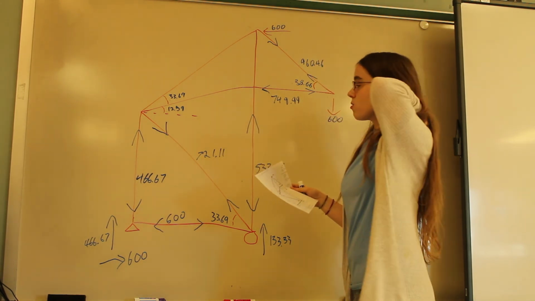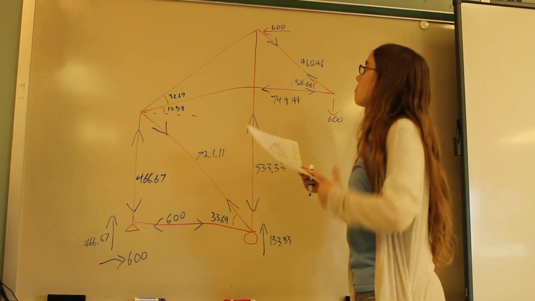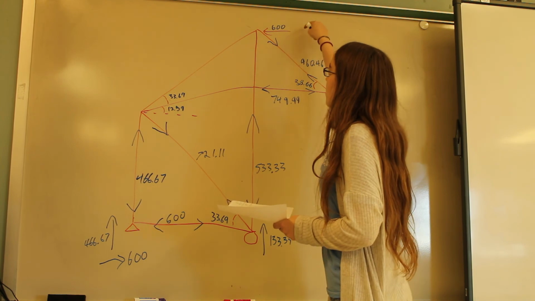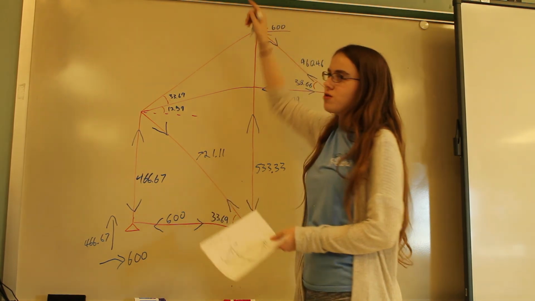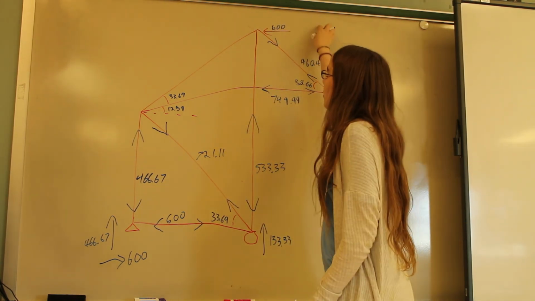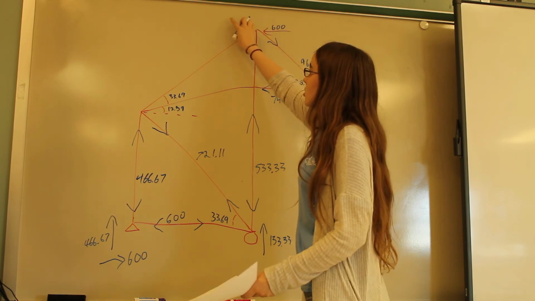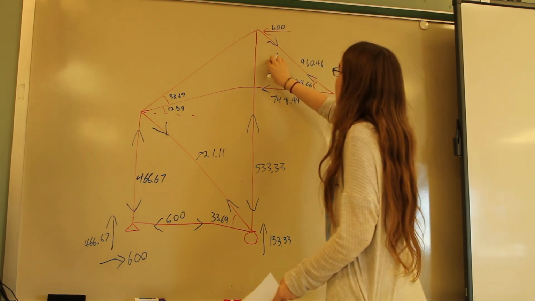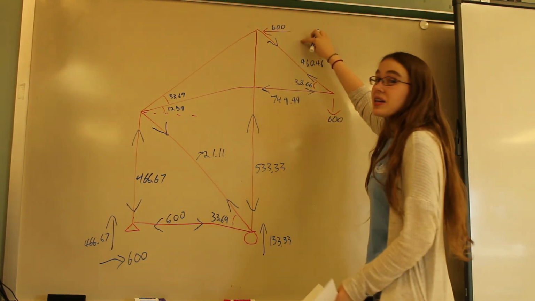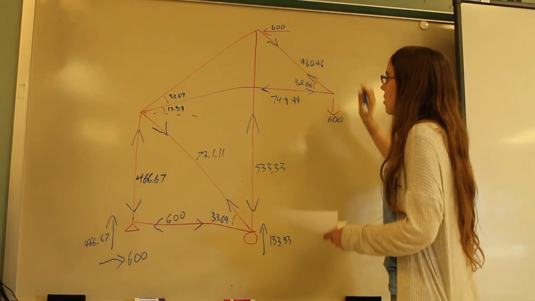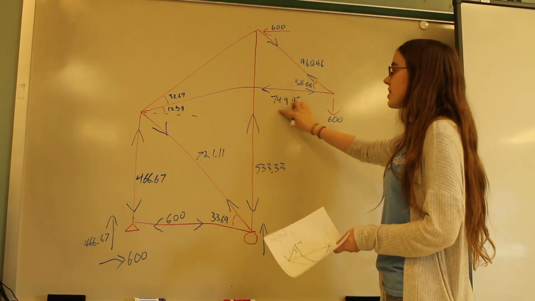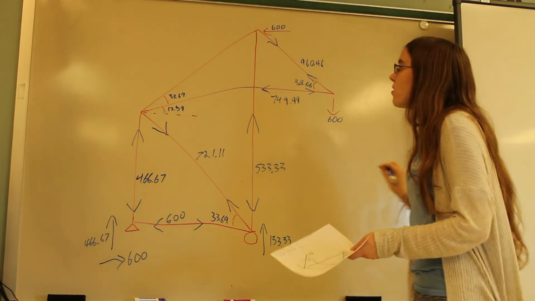So we know that up here we have 600 pounds of force, or whatever unit, going in this direction. And we know that some of this is going to be taken out by the x component over here. And that x component we already calculated is roughly 750.